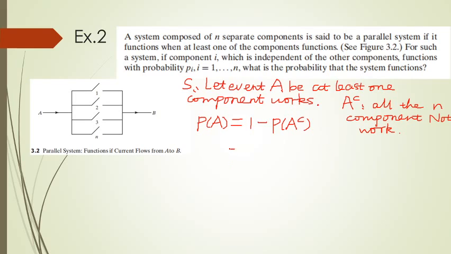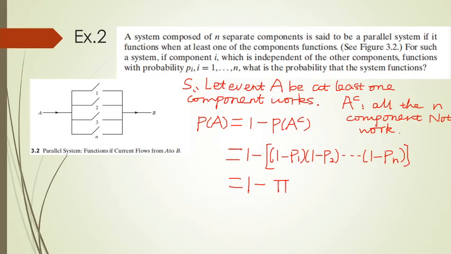The probability not working is 1 minus pi. So the probability that the first component does not work is 1 minus P1. And then the second component, the probability of not working is 1 minus P2. And so on until 1 minus Pn. They are not the same P, right? For the product, you can write it with this symbol.